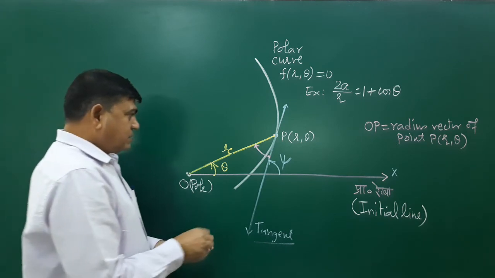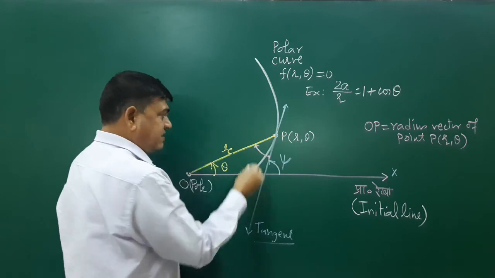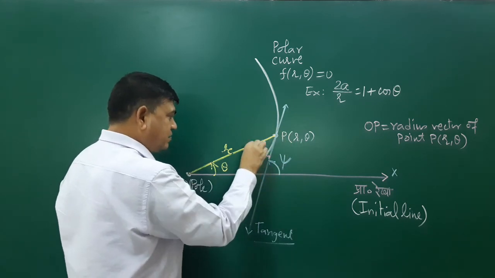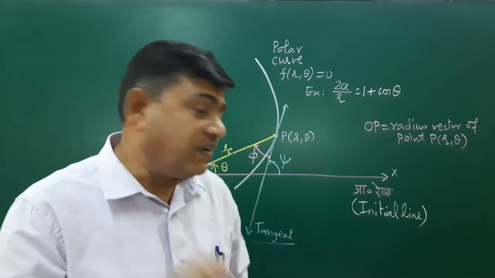So this is the angle between the radius vector and the tangent, and this angle is denoted by the symbol phi.